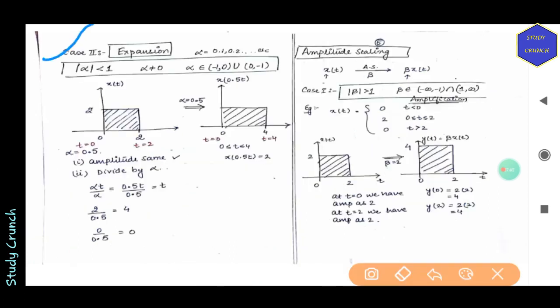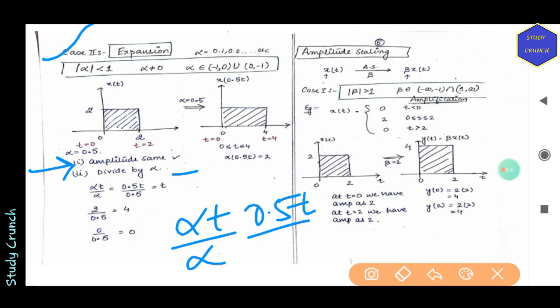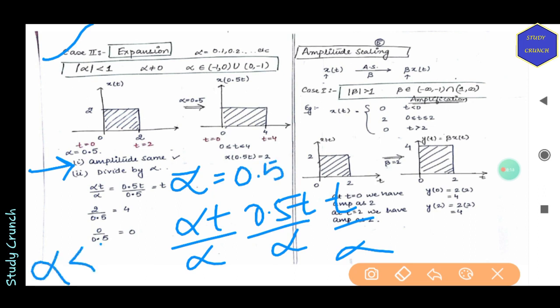Now let us look at the second case, expansion. In expansion, similar, keeping the amplitude same and divide by alpha. So we have alpha t by alpha, 0.5 t by alpha. We have taken alpha as 0.5 because it should be less than 1.